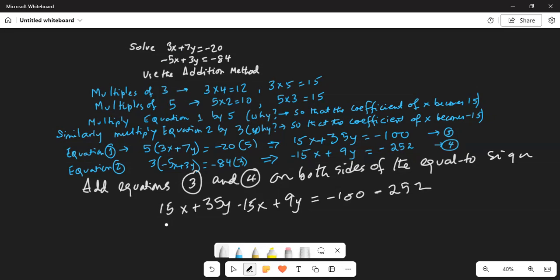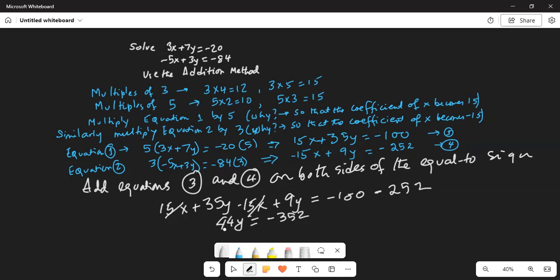Because this is positive 15x and this is negative 15x, they cancel each other out. 35 plus 9, we add the coefficients, is 44y, equal to minus 100 minus 252. Both are minus, so we add them together and keep the negative sign: minus 352.